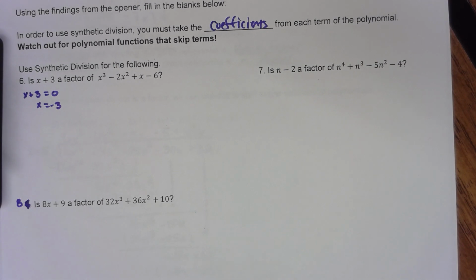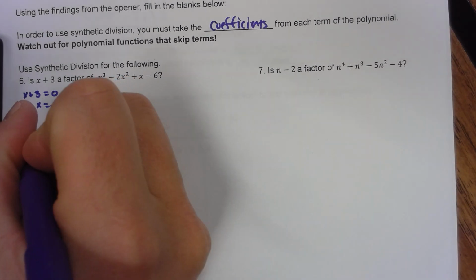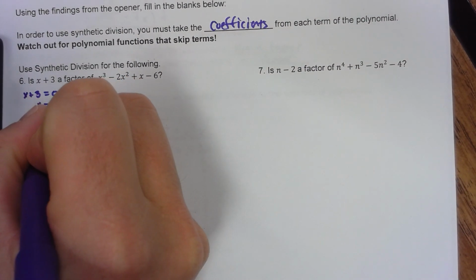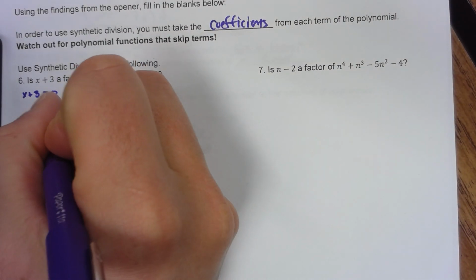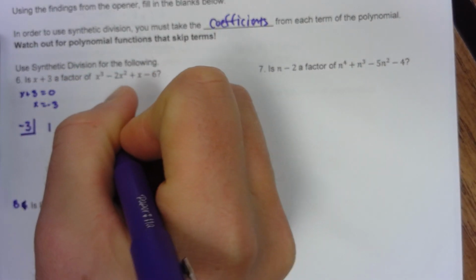And I say potential solution because we don't know if that's a solution yet. It all depends on what we get for our remainder. So I'm going to place that potential solution in the chair and then bring down all the coefficients from the polynomial we're dividing. So that being 1, -2, 1, and -6.